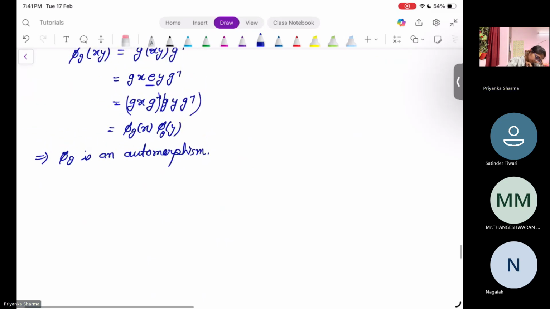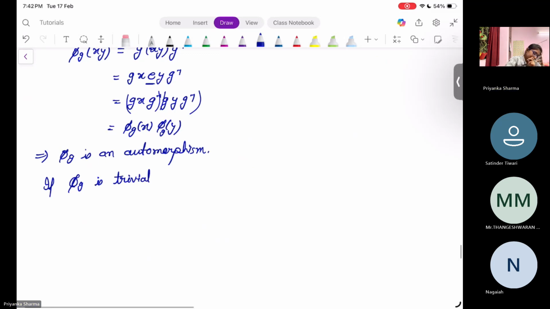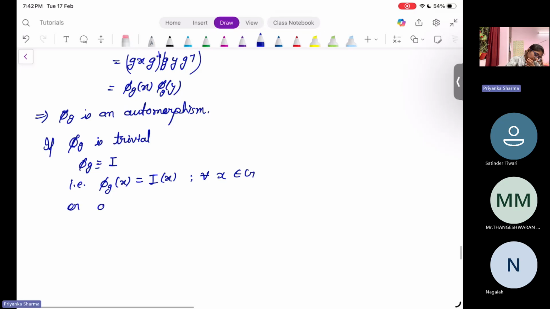So if phi g is trivial, then phi g is same as the identity, that is phi g of x is same as I of x for all x belongs to G, or gxg inverse, this will be x, or like you will multiply by g from right and then you will use the identity.